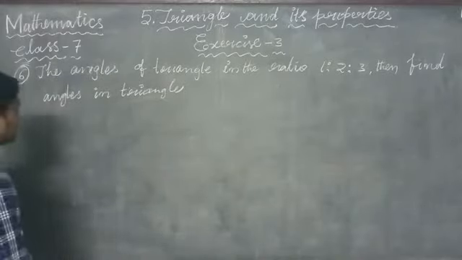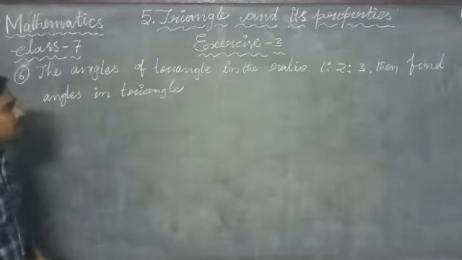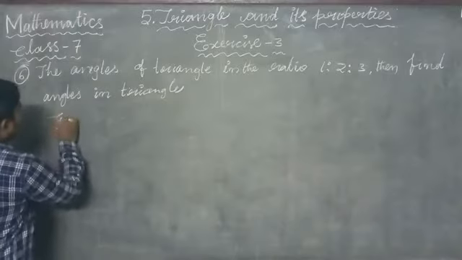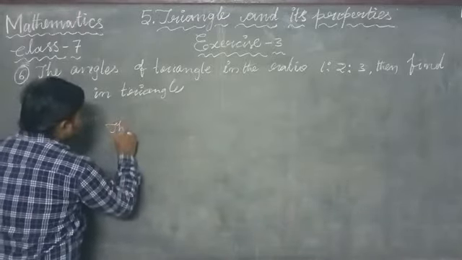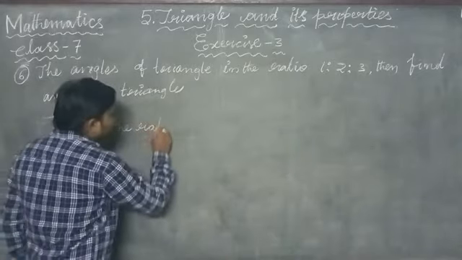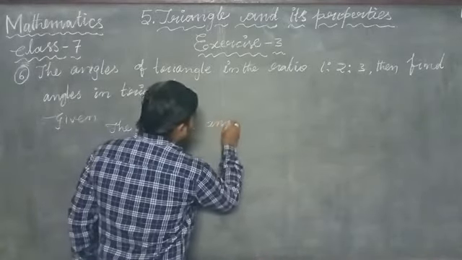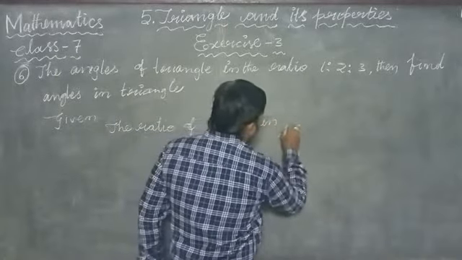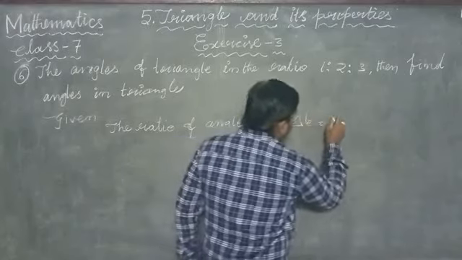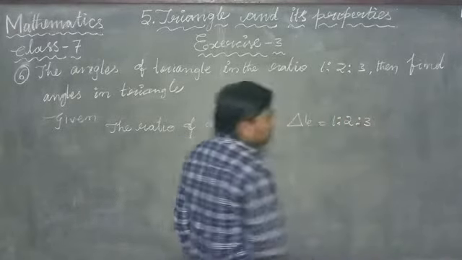Here we go. Now we have to write the given ratio. Given the ratio of angles in a triangle is 1:2:3.